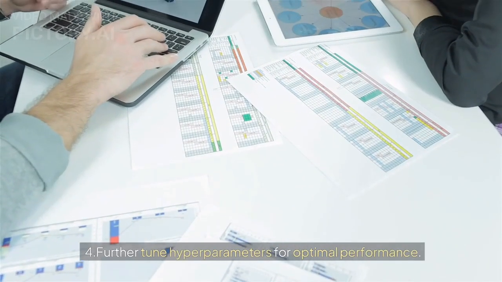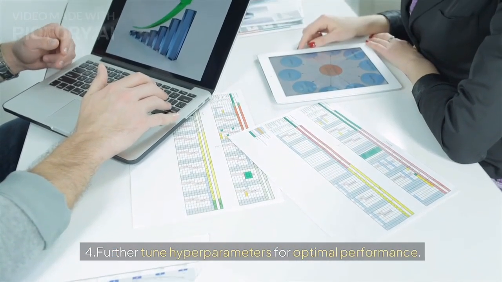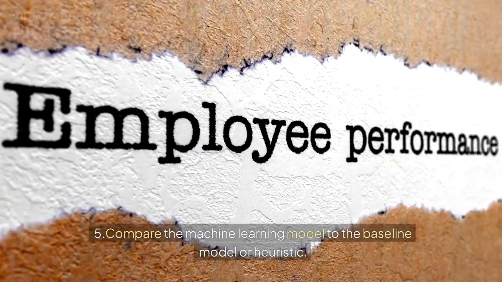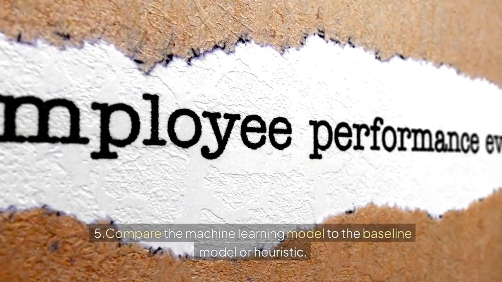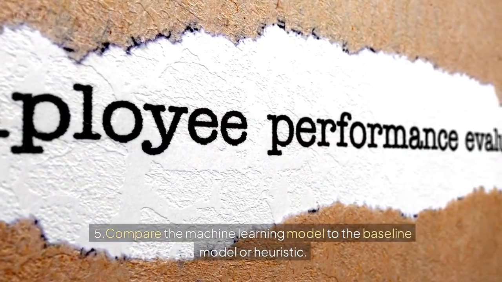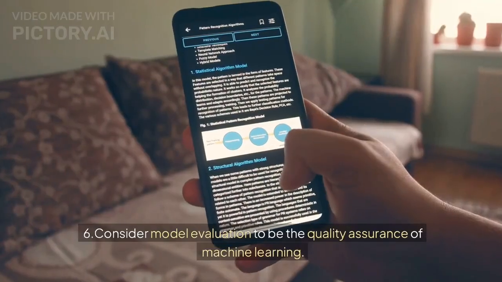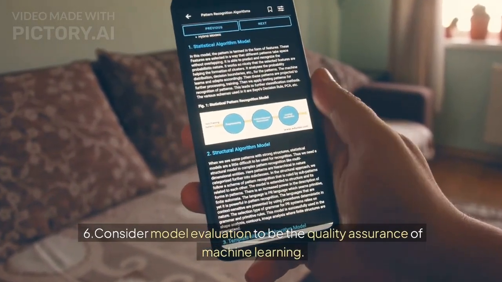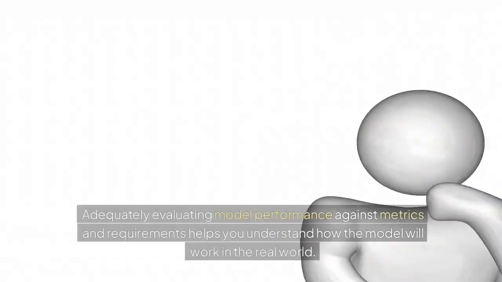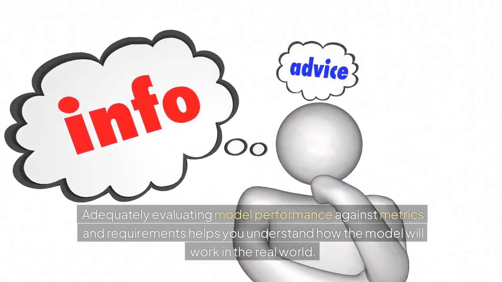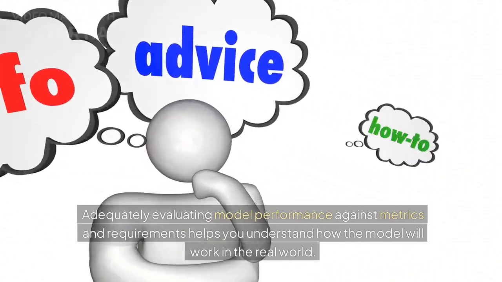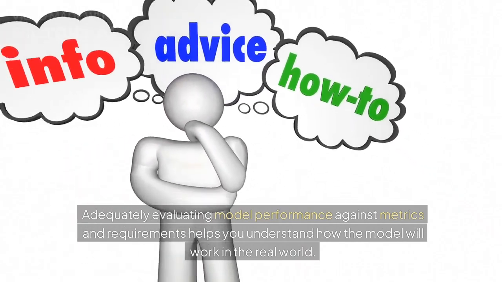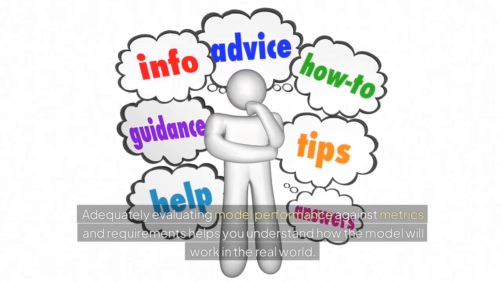Further tune hyperparameters for optimal performance. 5. Compare the machine learning model to the baseline model or heuristic. 6. Consider model evaluation to be the quality assurance of machine learning. Adequately evaluating model performance against metrics and requirements helps you understand how the model will work in the real world.